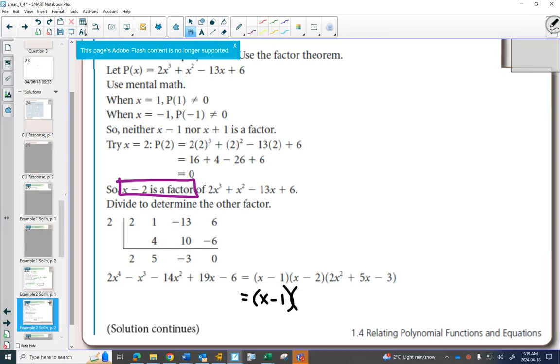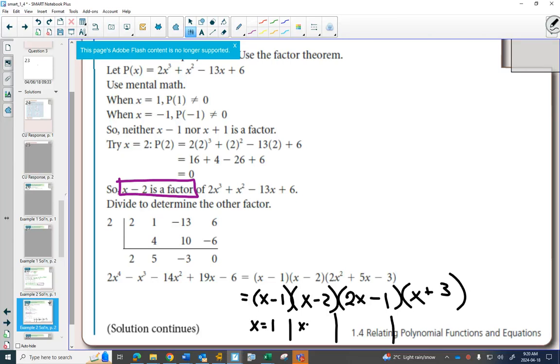And once we get to a quadratic, we can factor easily. And once we factored completely, we find a whole bunch of x-intercepts: x equals 1, x equals 2, x equals 1/2, x equals negative 3, and we have our y-intercept at negative 6 already.